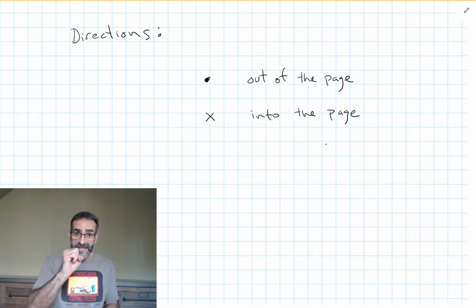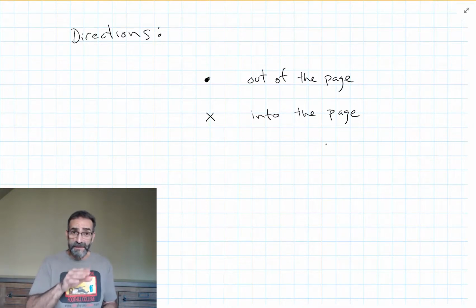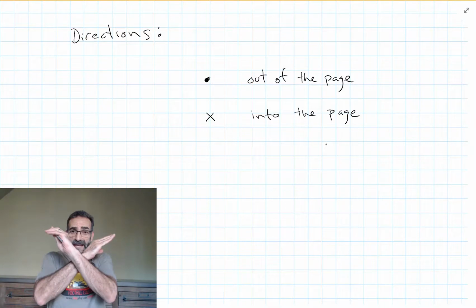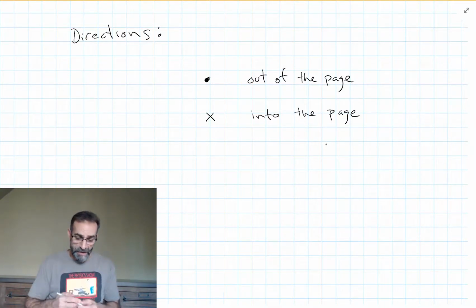You just see a dot. You see the tip of the arrow coming toward you. But if they shoot it away from you, what do you see? You see the crosshairs on the back of the arrow as it moves away from you, the feathers on the back of the arrow, and it makes that little X. And so that's the way to remember. Is this coming toward you or going away from you, out of the page or into the page?